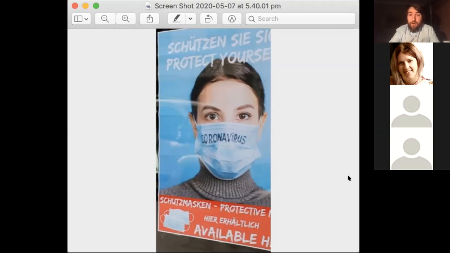Potentially this is putting them in a vulnerable state, and so it's unconscionable for this company to take advantage of that and say, look, we've got all the answers, buy this mask from us and you'll be fine. Do we buy that argument, do you think?